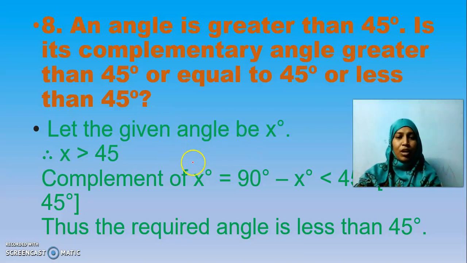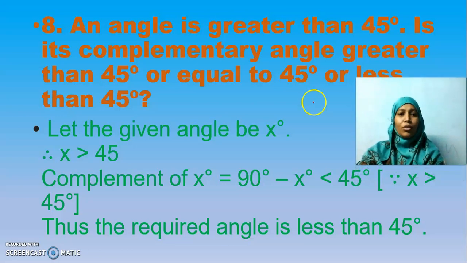But in proper steps you have to write. So take down these things in your classwork note. Let the given angle be x and it is greater than 45, and the complement is 90 minus x, and this should be less than 45 because x is greater than 45.